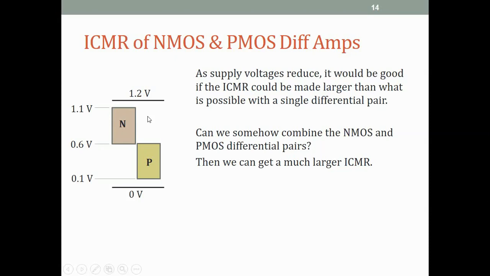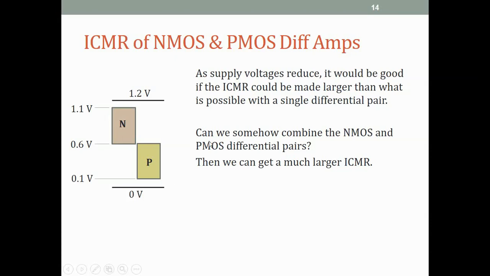Can we somehow combine an NMOS and a PMOS differential pair? Then we'll get a range of 0.1 to 1.1, which is a respectable, close to rail-to-rail range. All right. So this is what people started thinking about about 40 years ago.